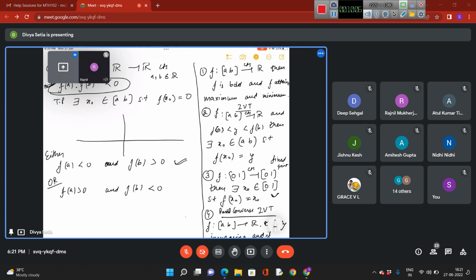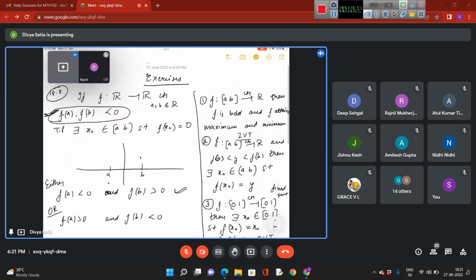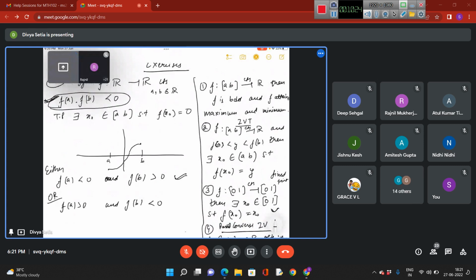Okay, so we'll deal with the first case, when, suppose this is your A, this is your B, f of A is less than 0, and f of B is greater than 0. And it's a continuous function. So by the intermediate value property, this function has to cut this real line somewhere, right?